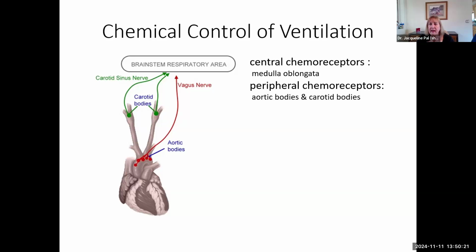And so from the aortic arch, we have the vagus nerve sending information to the brainstem, and from the carotid arteries, we have the glossopharyngeal nerve. So both of these cranial nerves are sending information to our brainstem.